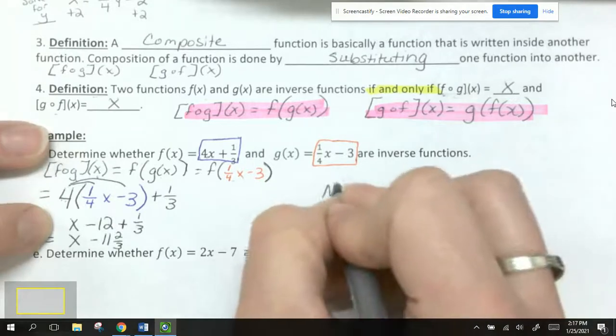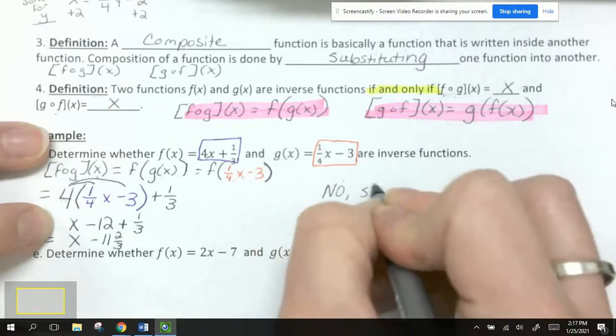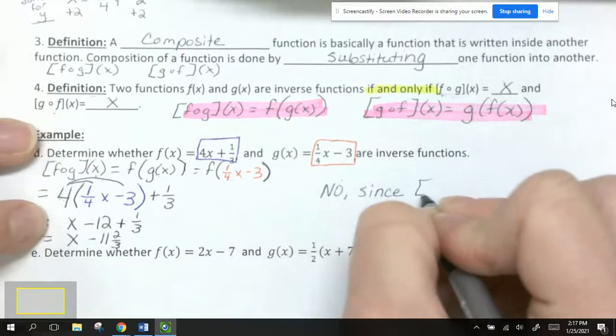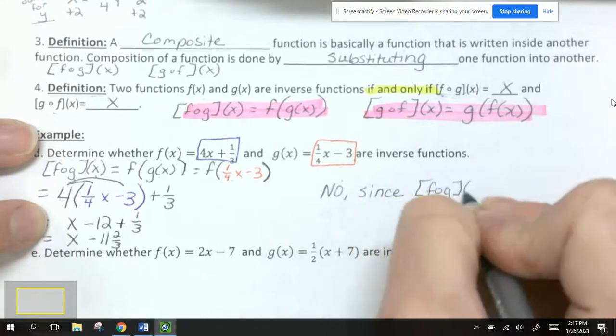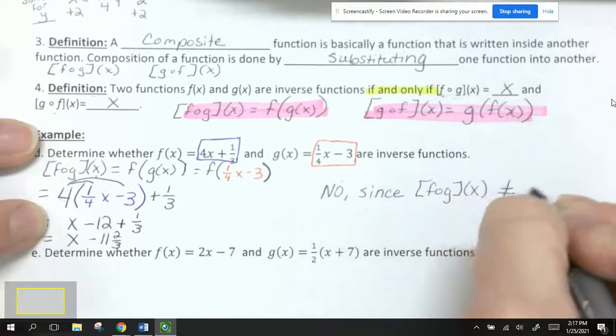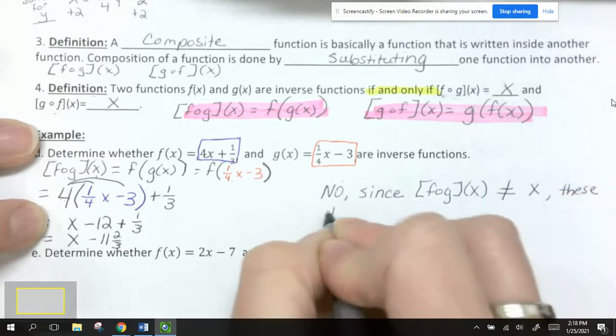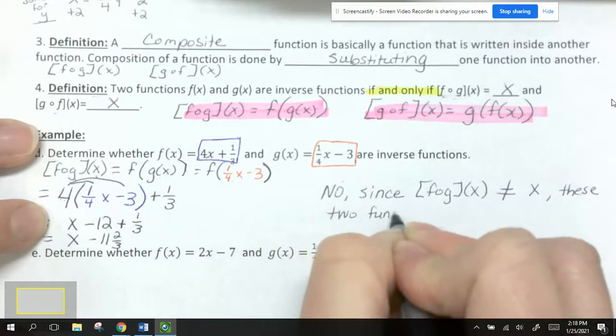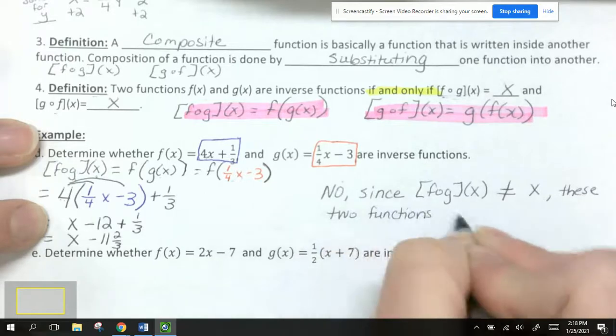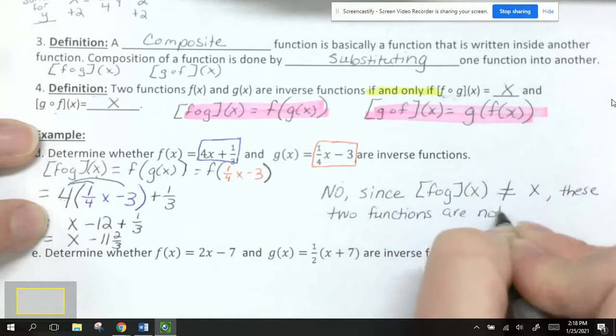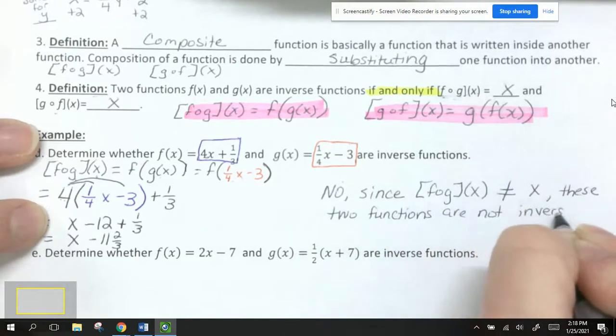So I would say no, since f of g of x does not equal x, these two functions are not inverse functions.